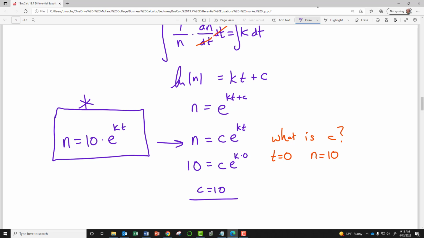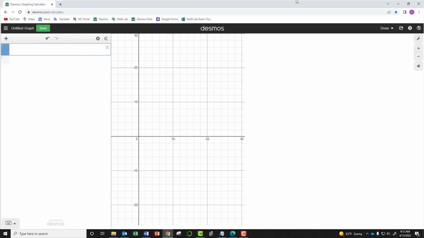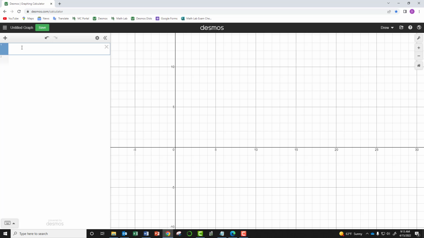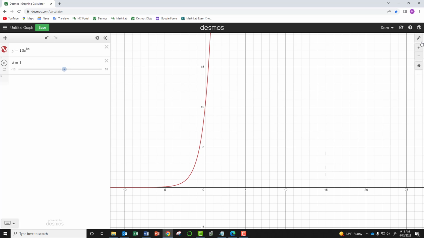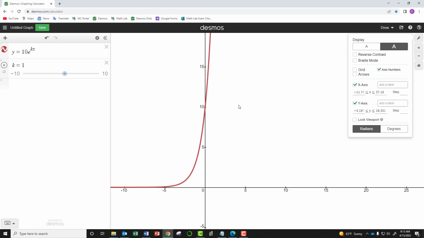And maybe it's nice to visualize some of these things, right? So I'll get on Desmos here and type in y equals 10 times e to the power kx. So x is just a stand-in for t, and y is just a stand-in for N because of the way that Desmos is.